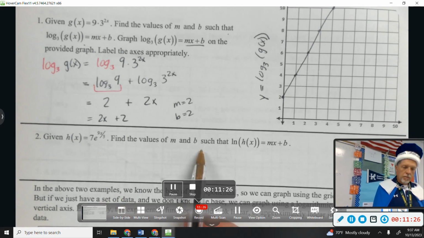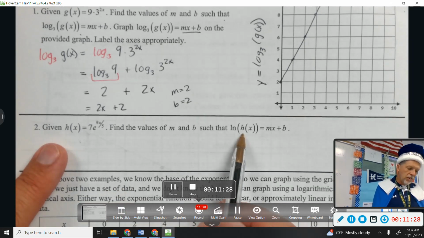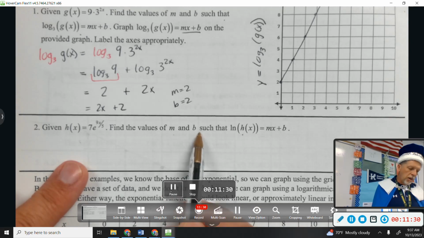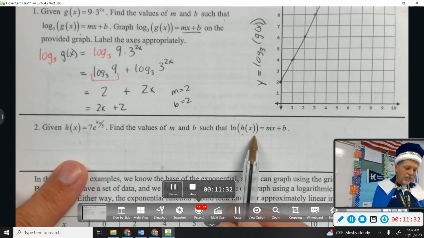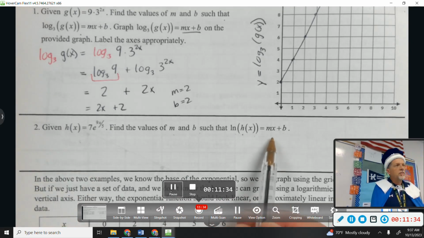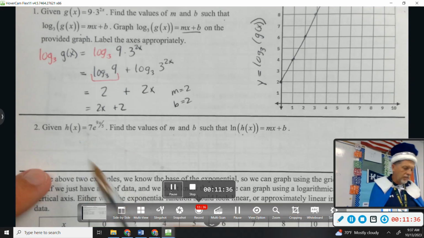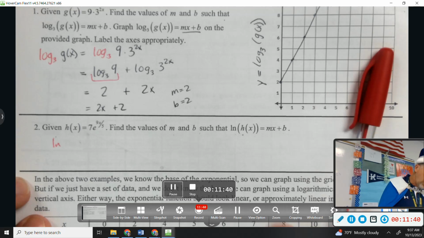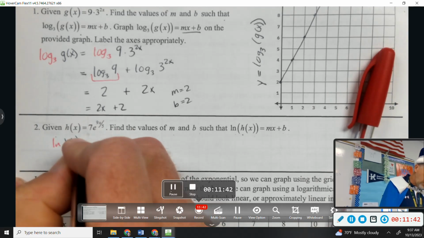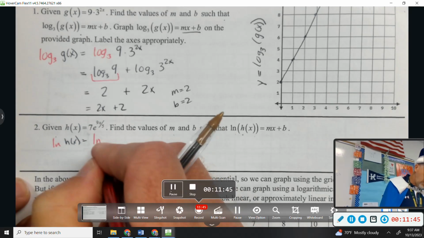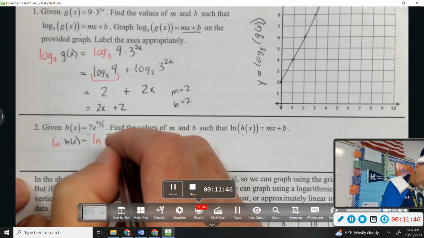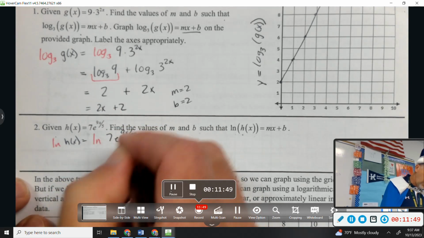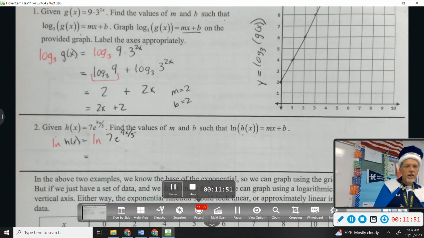Number 2, kind of the same thing but with natural log. Find the values of m and b such that natural log of h of x equals mx plus b. So again, it's telling you what to do. Take the natural log of h of x. So again, the left side's done, right?